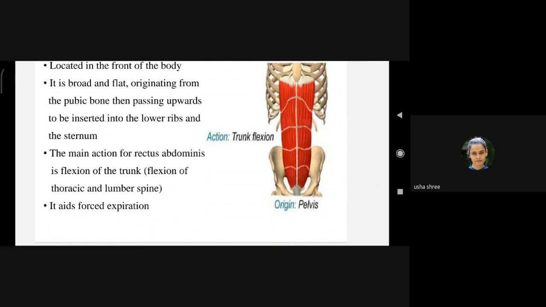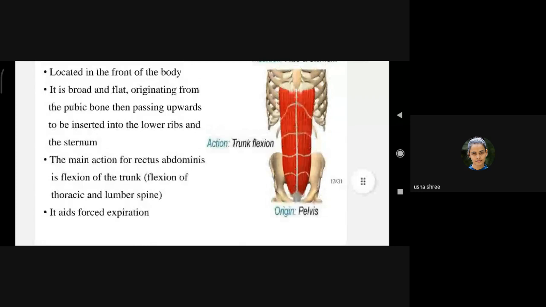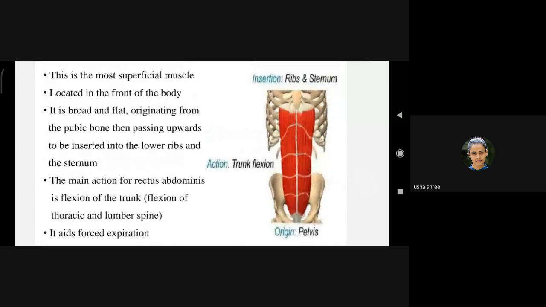The hip bones are divided into 2 parts, left and right. So the pubic bone of the hip girdle is the origin point of this rectus abdominis muscle, and it is inserted into the lower ribs and sternum.